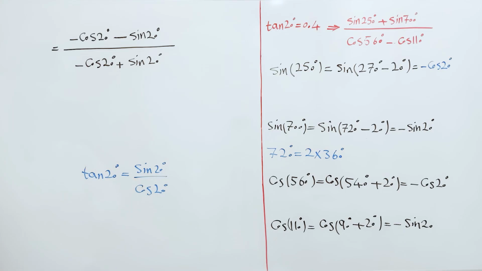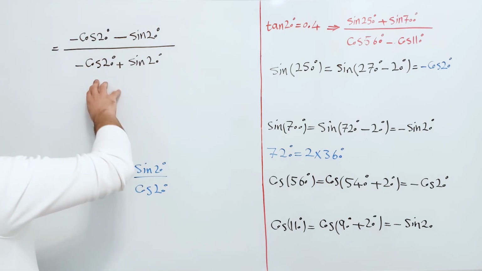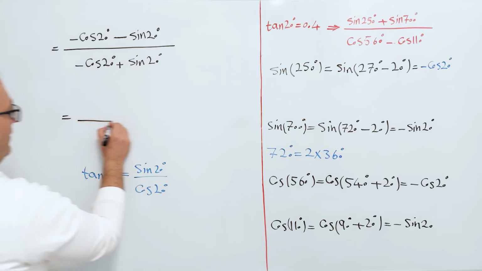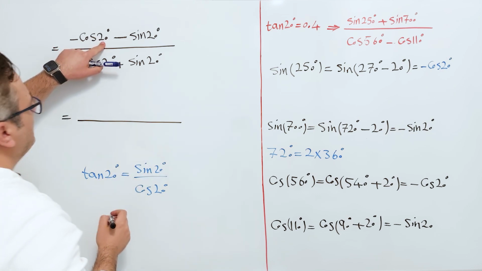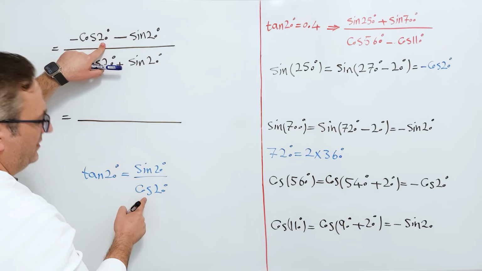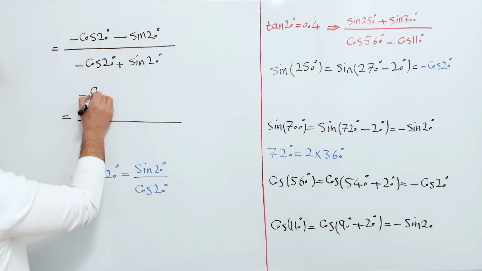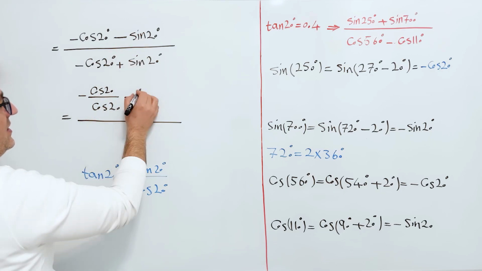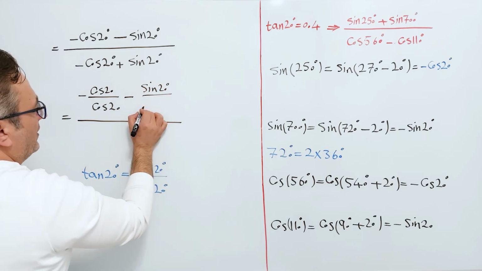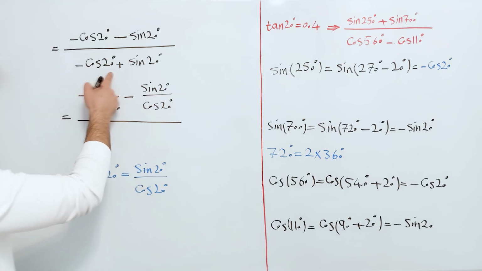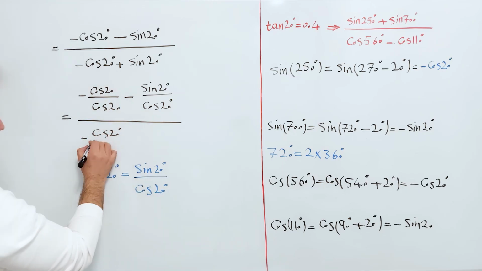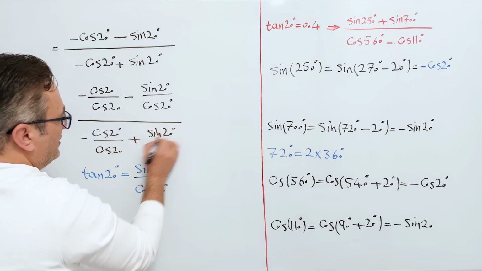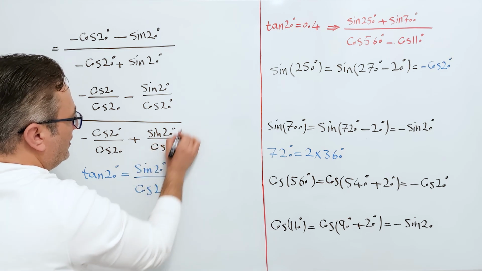Okay, so if we divide the numerator and the denominator by cosine of 20 degrees, we have minus cosine of 20 degrees divided by cosine of 20 degrees minus sine of 20 degrees divided by cosine of 20 degrees, over minus cosine of 20 degrees divided by cosine of 20 degrees plus sine of 20 degrees divided by cosine of 20 degrees.